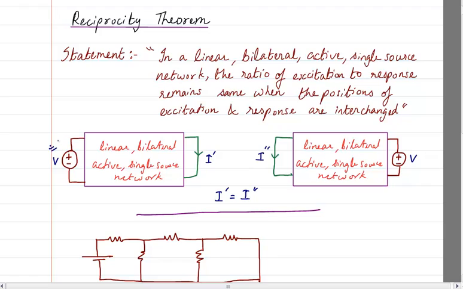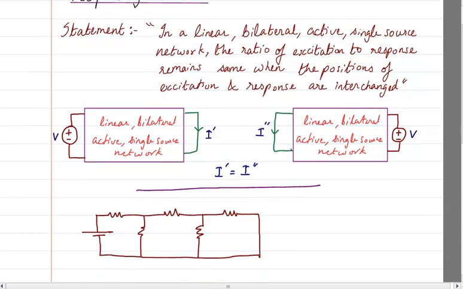Clear? So what the reciprocity theorem says is that if you interchange the excitation and the response position, that means you take the excitation to the other side and the response to the other side. The response is the current, and you calculate that current, it will always be equal to this current. Even if you interchange the position of the excitation and the response, you will get the same value.